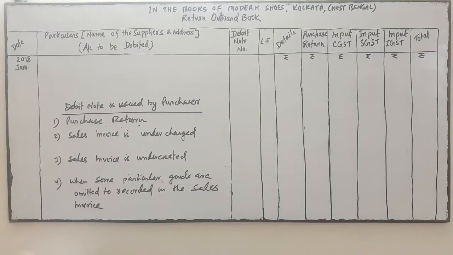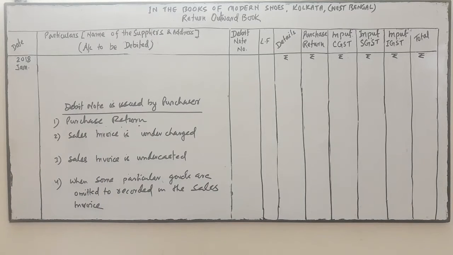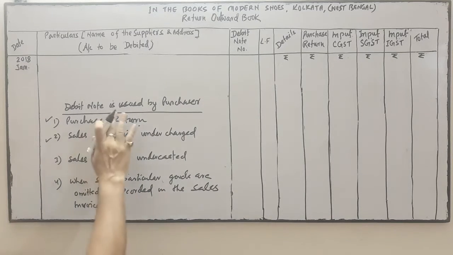So at the time of purchase return, we issue the debit note. The debit note is issued by the purchaser when goods are returned to the supplier. Also, when the sales invoice total is overcosted, the debit note is issued.